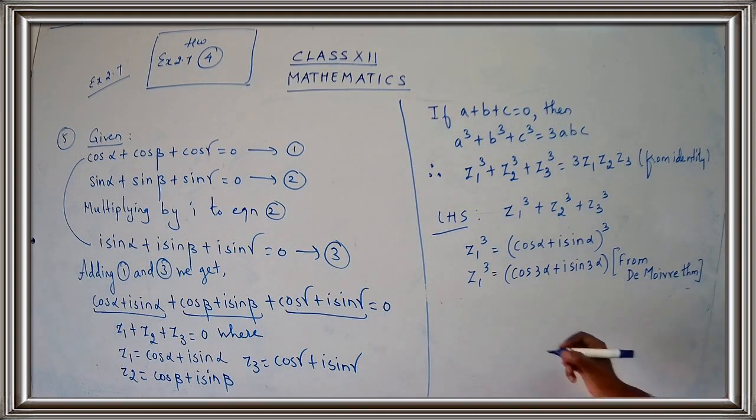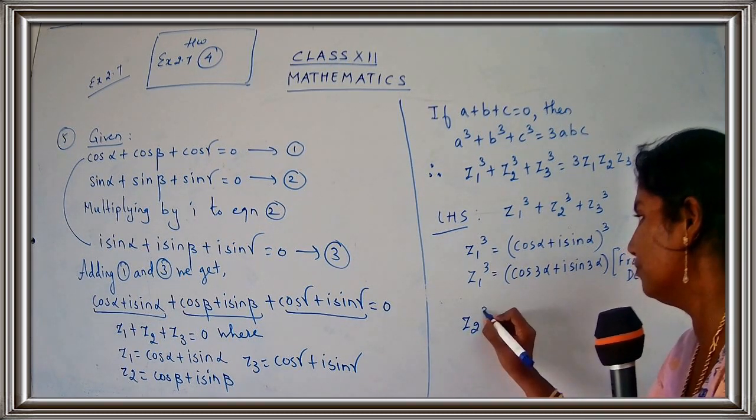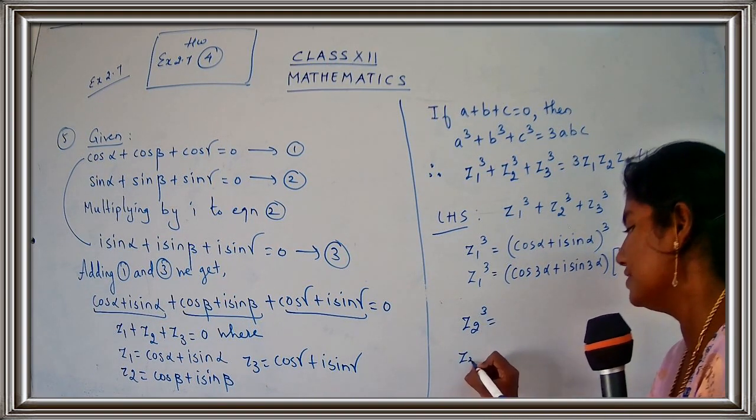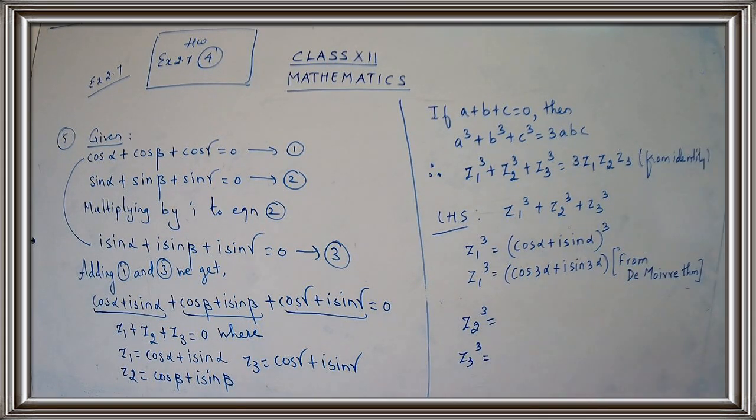So now you are going to write down the value for Z2 cube and the value for Z3 cube. Come on, get the answer for Z2 and Z3 cube. Find out the value for Z2 cube and Z3 cube.